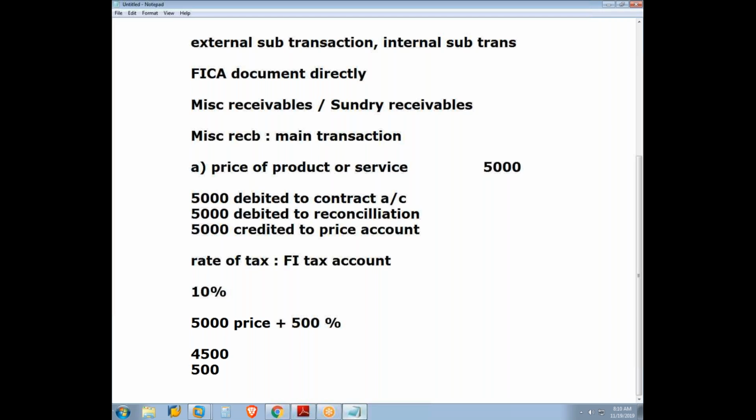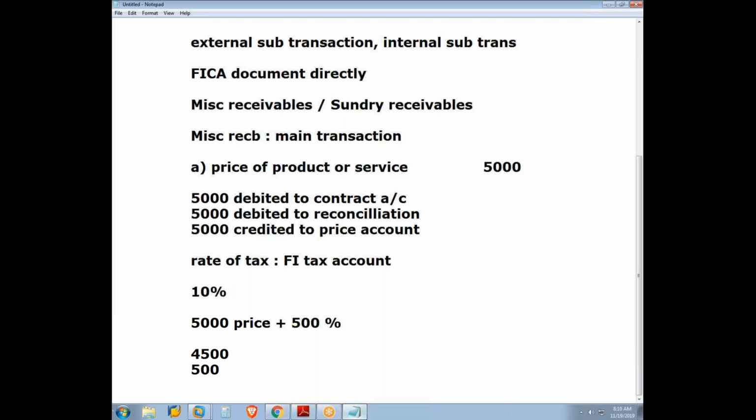But suppose I'm posting an ISU invoice, consumption billing. There the external main transaction is there, the internal main transaction is there, the external sub transaction is there, the internal sub transaction is there. The sub transactions are defined by the system and they are coded actually. Some program is working for them in the background. Based on the internal sub transaction, it will know why the FICA document is posted from the system perspective.